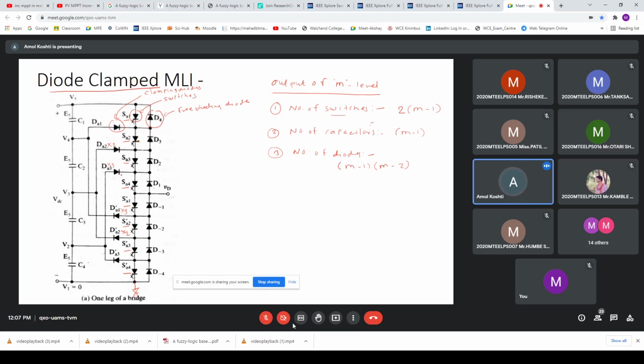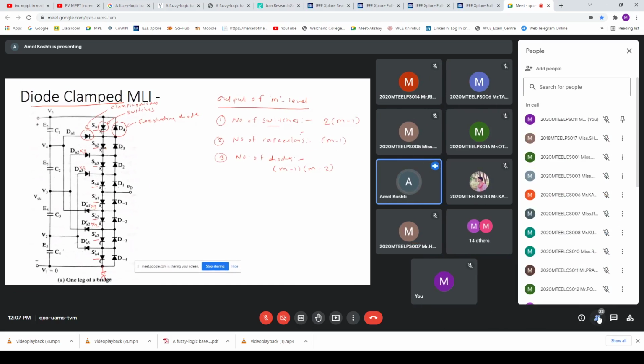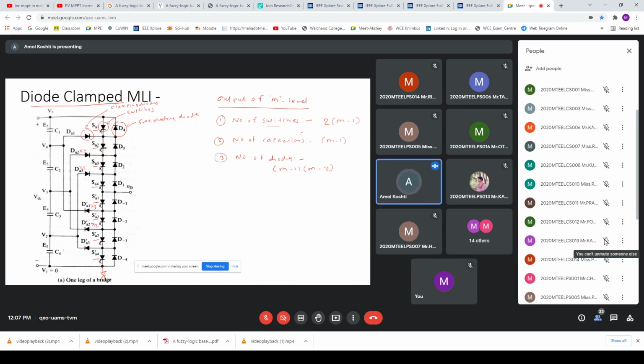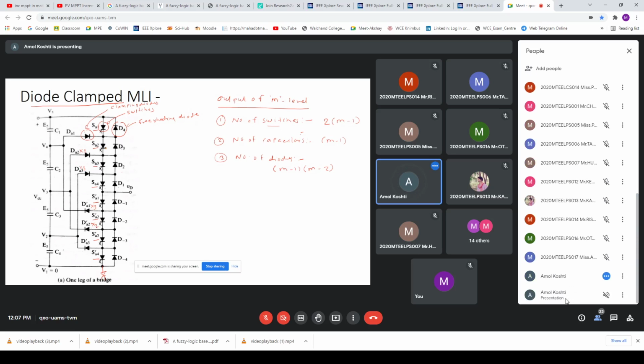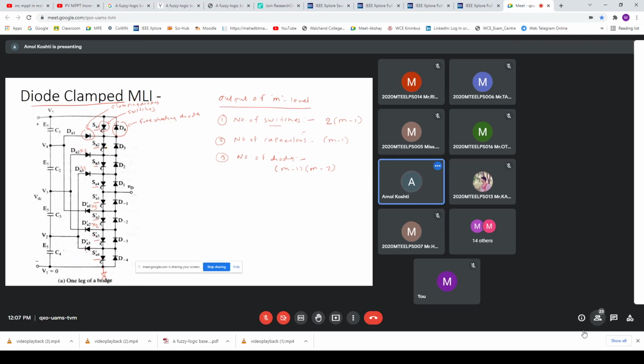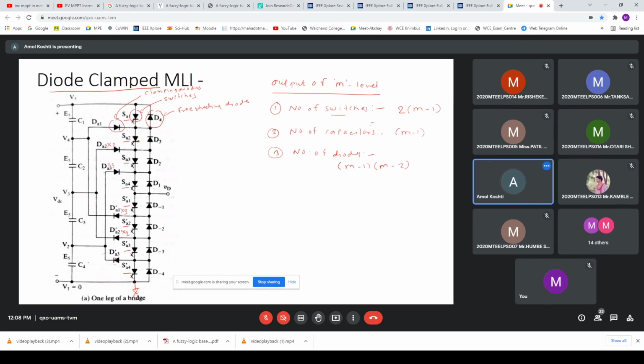So we can count it now. Here 1, 2, 3, then 4, 5, 6, 7, 8, 9, then 10, 11, and this is 12. So in this way, we get 12 for a 5 level inverter.